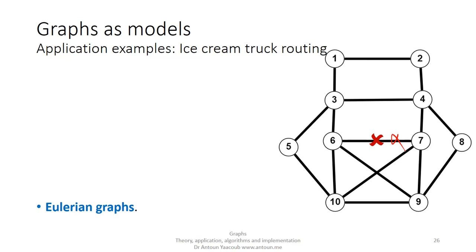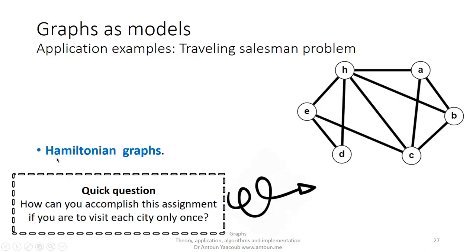Whenever I can travel each edge one time and return to the starting point, we call this graph Eulerian. So Eulerian graphs are those where I can travel each edge once. This is a very important problem, and we'll see how to deal with Eulerian graphs.